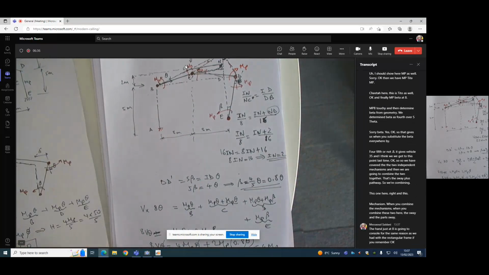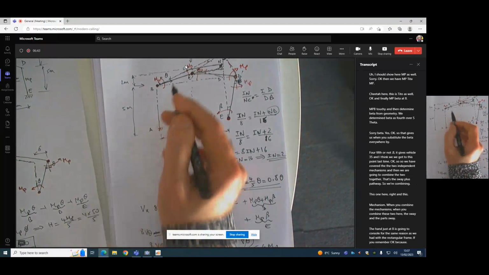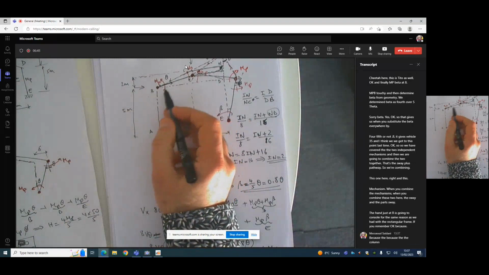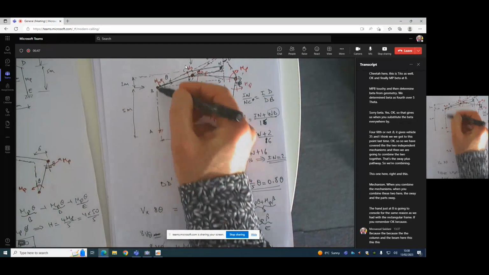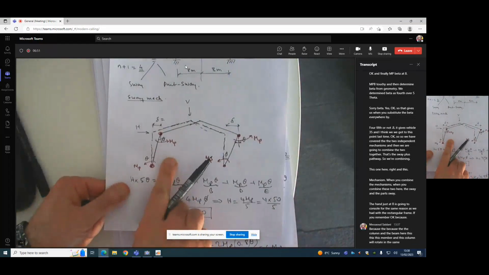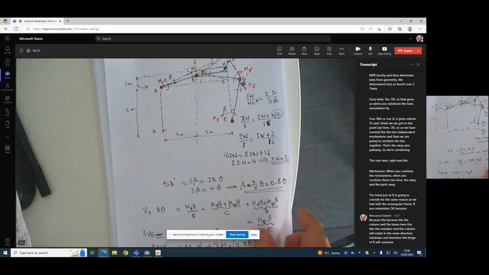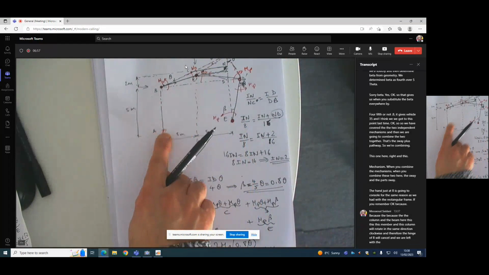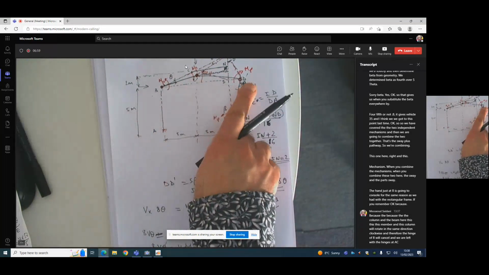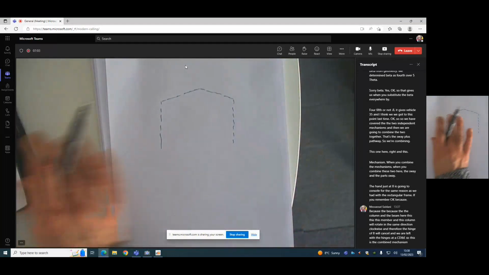Because the column and the beam here, this member and this column, will rotate in the same direction, clockwise, and therefore the hinge at B will cancel, and we are left with the hinges at A, C, D, and E. So this is the combined mechanism that I'm going to cover here, okay?